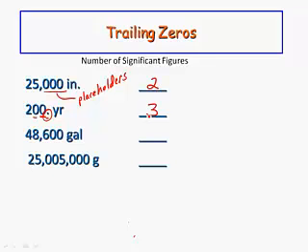The next one, 48,600 gallons. These two zeros, there's no decimal. These are only placeholders. So this would have 3 significant digits. Okay, in the last one, we have 2 captured zeros there, so they are significant. However, these 3 right here are placeholders, and so this value would have 5 significant digits.